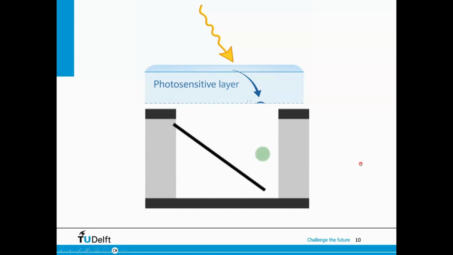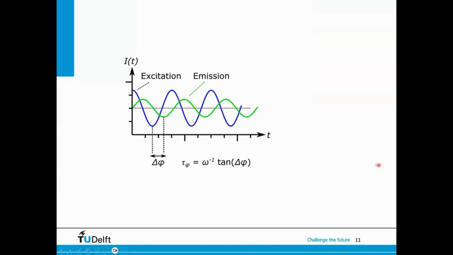So if we go back to the signal that we're trying to measure, over here you see in blue the excitation source, and then the fluorescence has a phase shift, a delay, and also the amplitude is weakened a little bit.